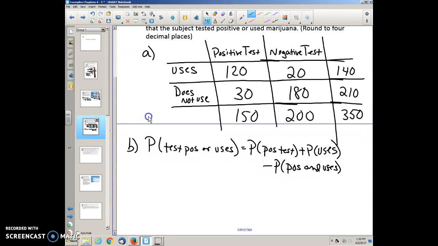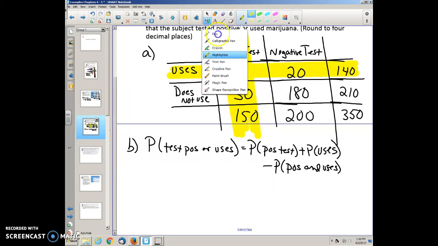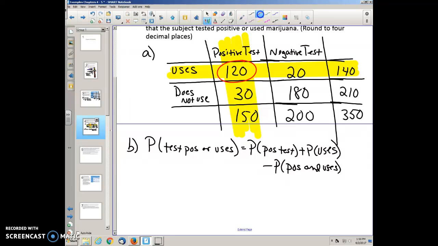So if the sets are not disjoint sets, you have to subtract any overlap. So our positive are all of these. Uses are all of these. You can see, though, that we end up counting those people twice.